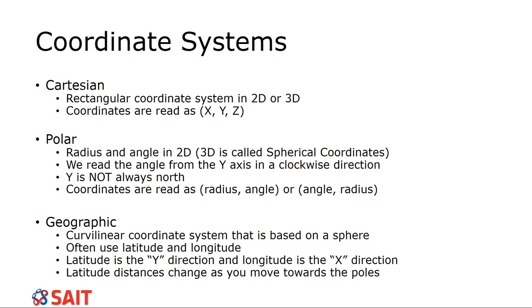And so the latitude, this is where people get really confused, because latitude is your y direction and longitude is actually the x. You'll see that in the video, and it's just because as you move around the x direction, it's actually your longitude that is changing. As you move north-south, if you move along one of the longitude lines, it's actually the latitude value that's changing, not the longitude.